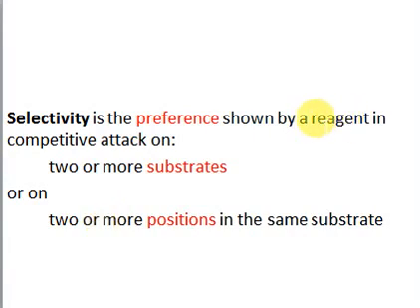Your reagent is preferring the position which is less hindered. So this is called selectivity, right? Selectivity is the preference shown by the reagent, either over one of the two substrates, or over one of the two positions which are available.